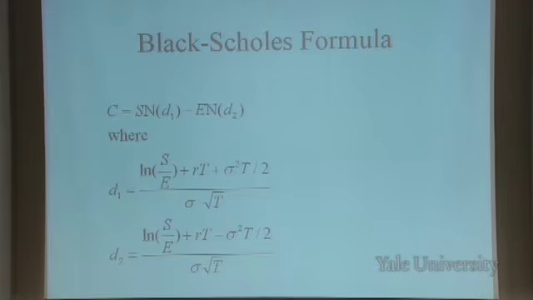It says the price of a call is equal to the stock price times N of d1 minus the exercise price times N of d2, where d1 is given by this expression and d2 is given by this expression. That might not be intuitive to you.